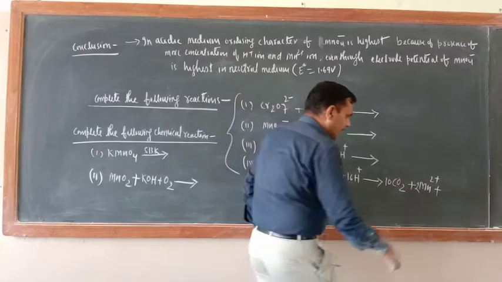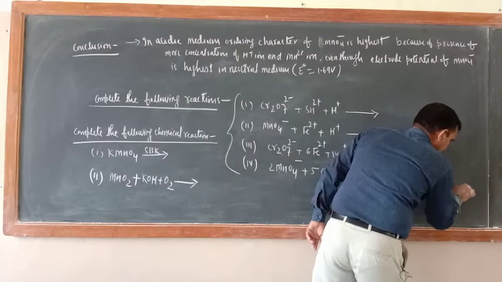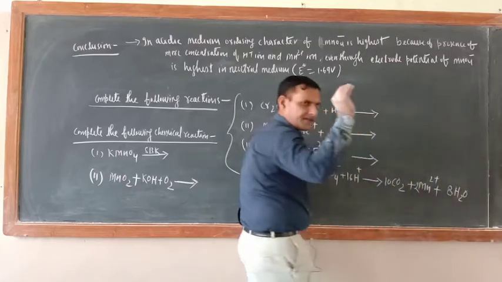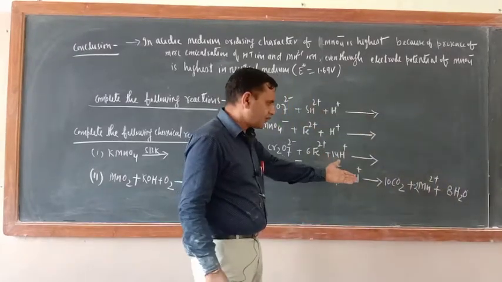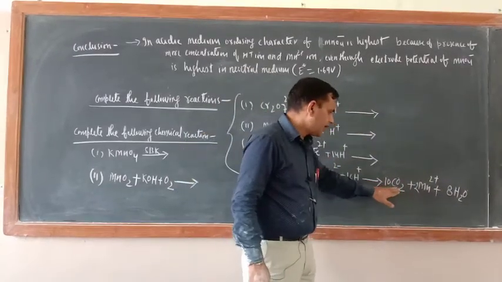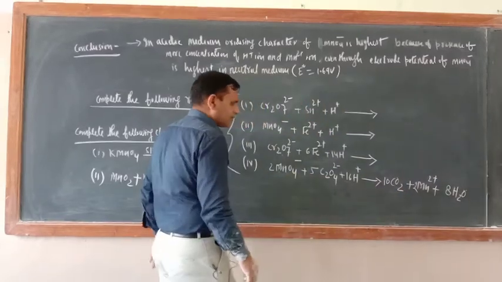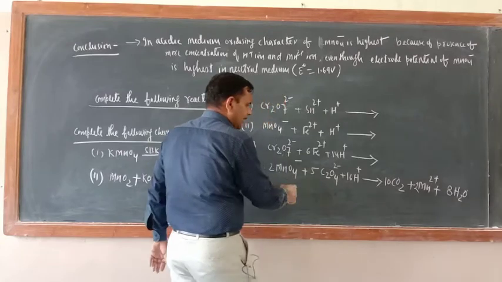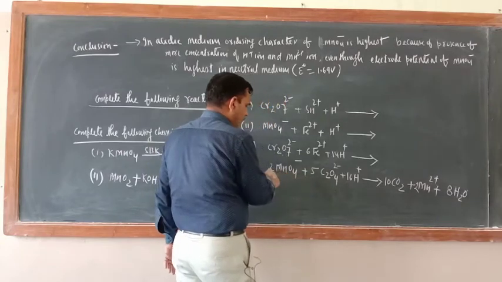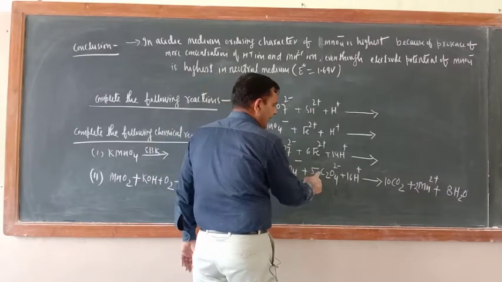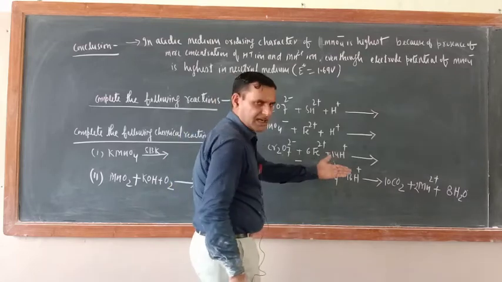If we write 8H2O here, hydrogen is balanced and oxygen is also balanced. You can check: 10 into 2 is 20, plus 8, 28 oxygen, and 28 oxygen on the other side, it is balanced.